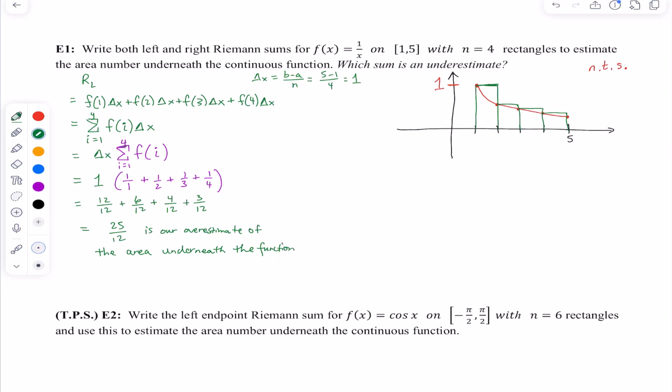Let's go ahead and do the right endpoint Riemann sum. And I'm going to use the same picture. I'm going to start on the right endpoint and draw a rectangle, and repeat for each of the four rectangles.